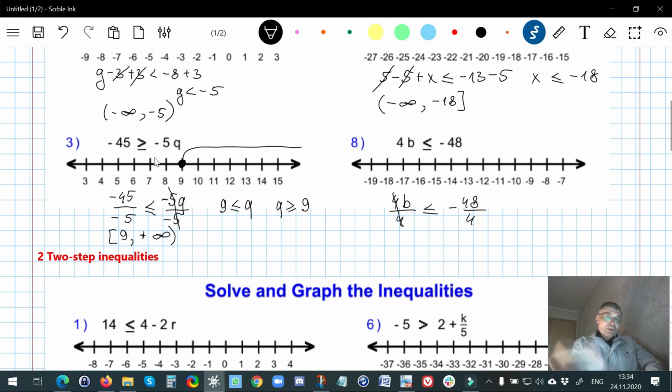Here 4 cancels, b is less than or equal to, what is it? It is negative 12, which is the result of division of negative 48 by 4. Great, that's our set builder notation.